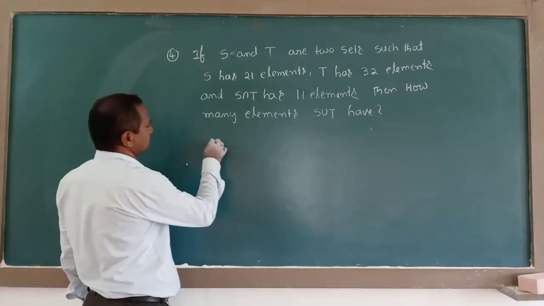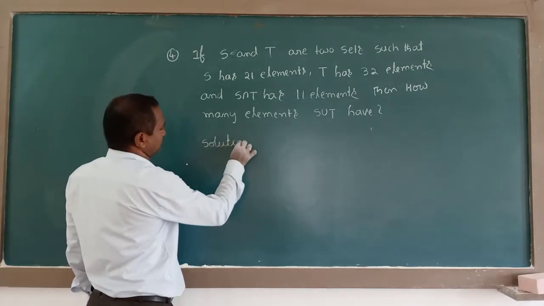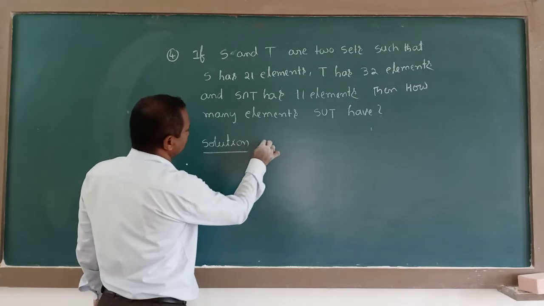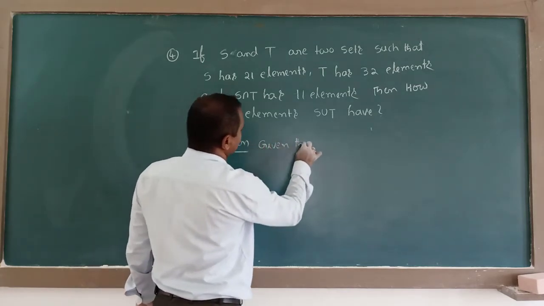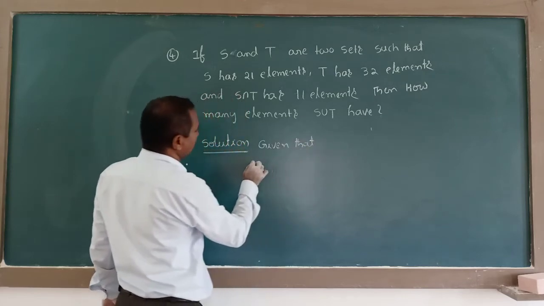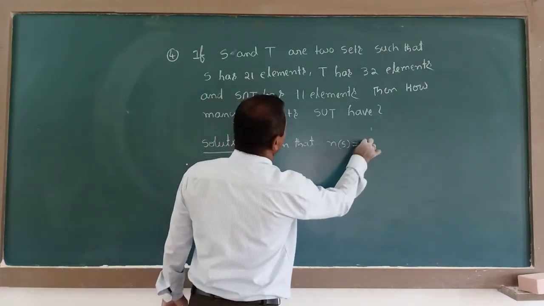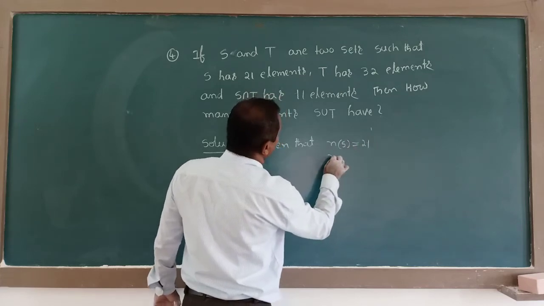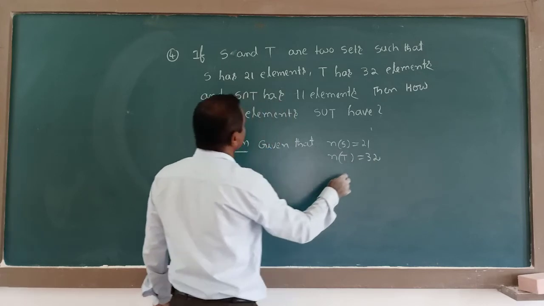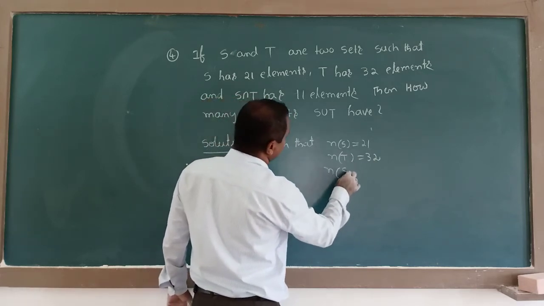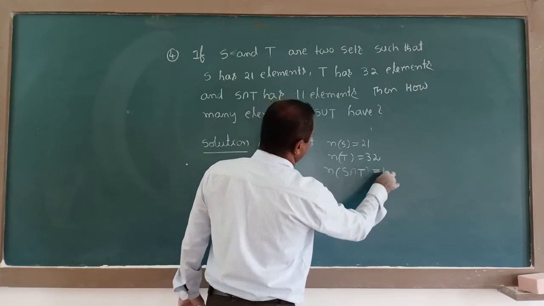See here, the solution for this question. Given that n of S is equal to 21, n of T is equal to 32, n of S intersection T is equal to 11.